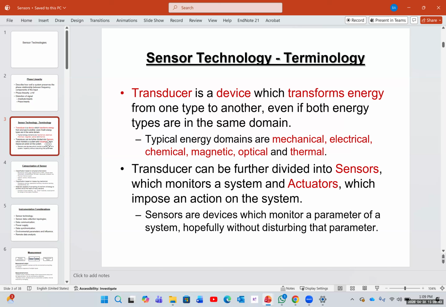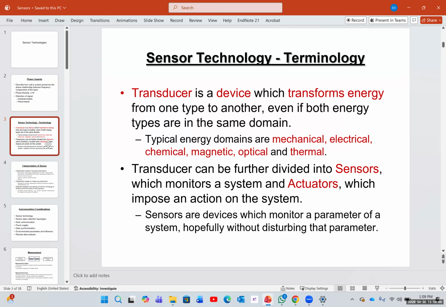So we have temperature sensors, humidity sensors, pH sensors, which are chemical, and ultrasound sensors, which are mechanical.